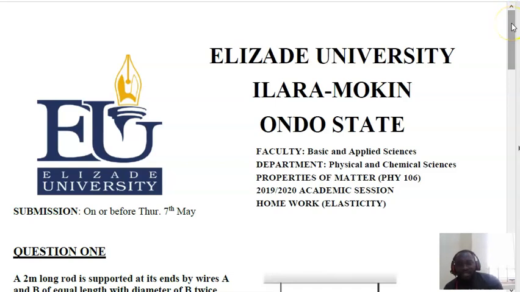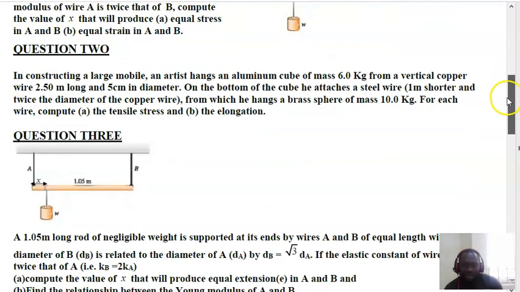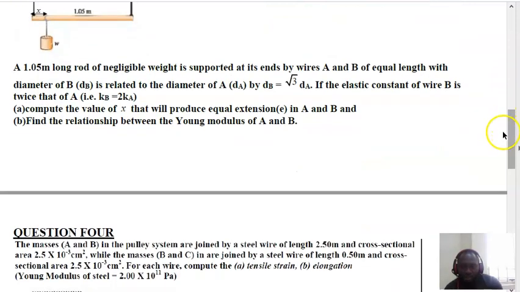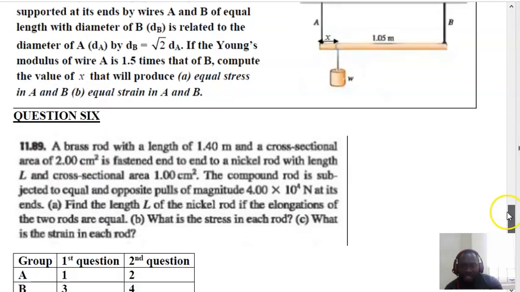Now lastly, I want us to consider packages that will help us present our solution in a very clear and presentable format, rather than just writing and snapping it and attaching it to my mail. I want us to be able to type and present our calculations like this, so it's easy.